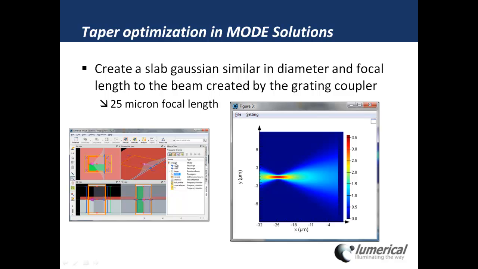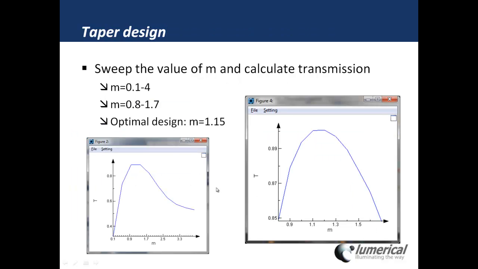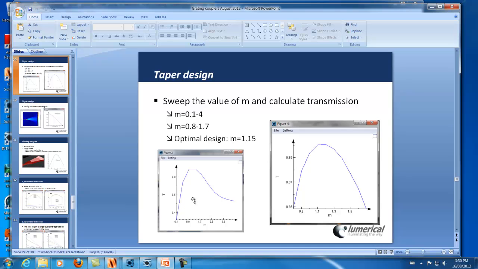So this beam, even in a slab without a taper, is naturally focusing to a waist 25 microns away from where the beam is injected. So very similar to what we will get out of the three-dimensional grating coupler with the curved etch lines. And then we're going to run a parameter sweep to look at the transmission to the waveguide as a function of this exponent m. So you're seeing some results here, but let me actually show you a demo of how this works.